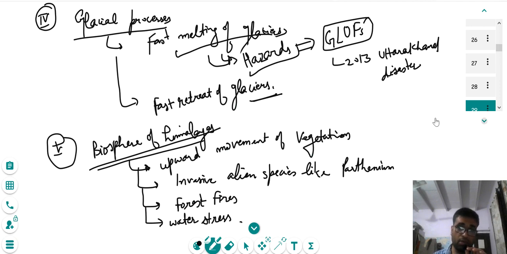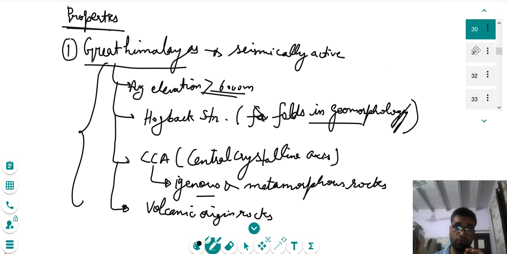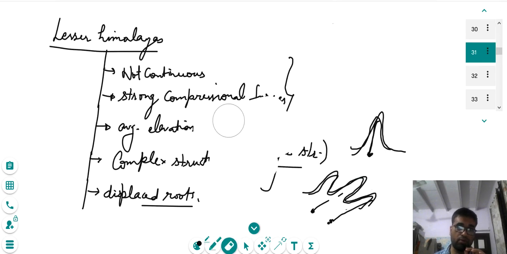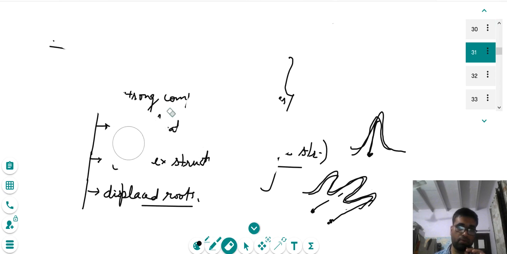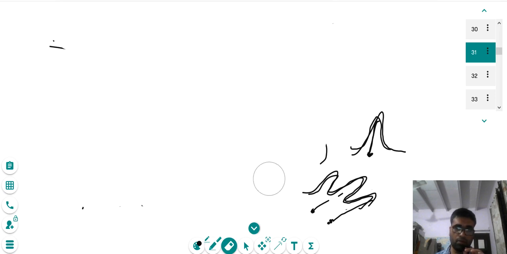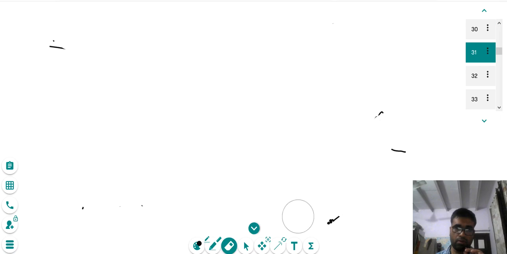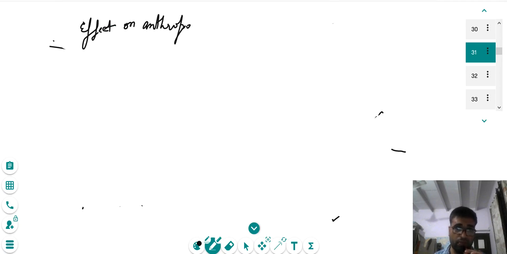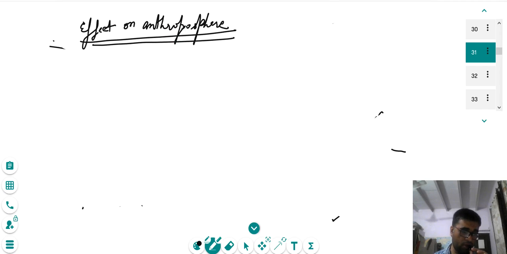Another impact can also be written in the form of effect on the anthroposphere. What is happening on the anthroposphere because of global warming?